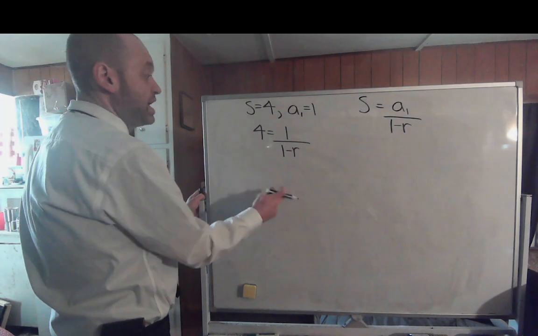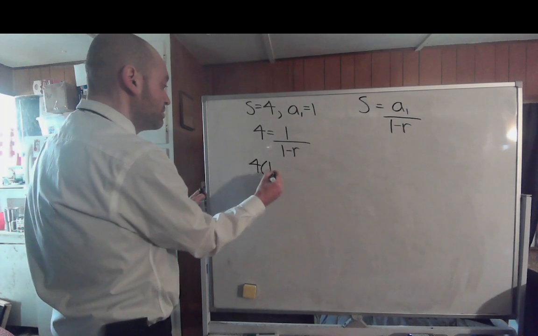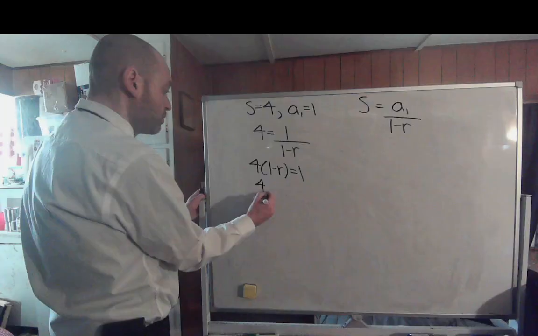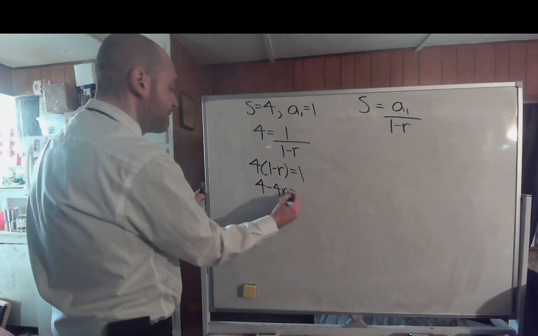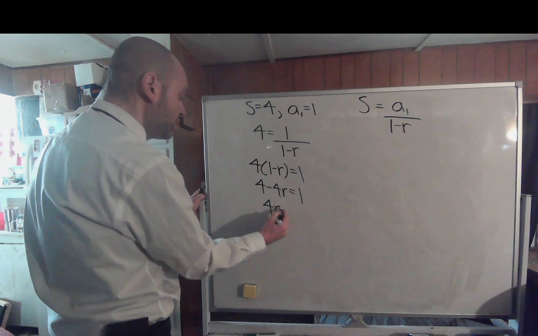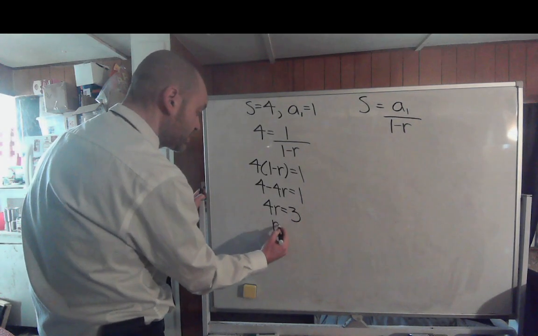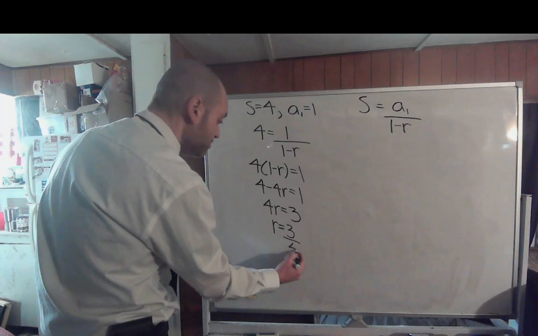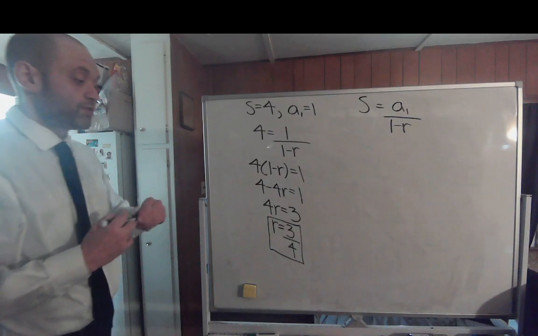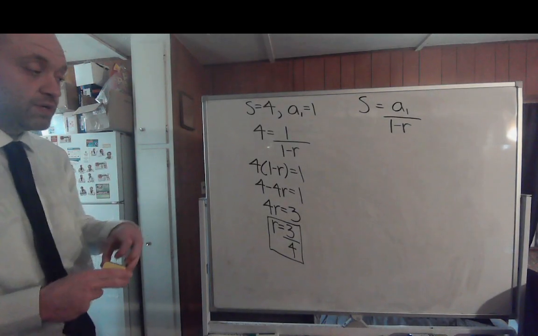So multiply both sides by 1 minus r, you'll get 4 times 1 minus r is equal to 1. So you get 4 minus 4r equals 1, which would give you that 4r would equal 3. So your common ratio in this case would be 3/4. So you should get a common ratio of 3/4 to get a sum of 4 for this infinite geometric series.